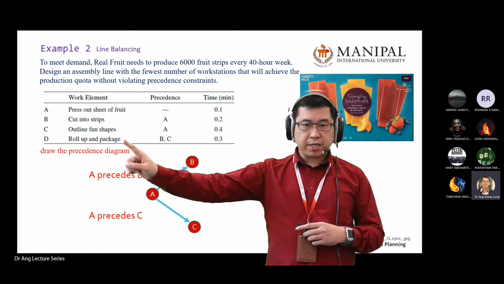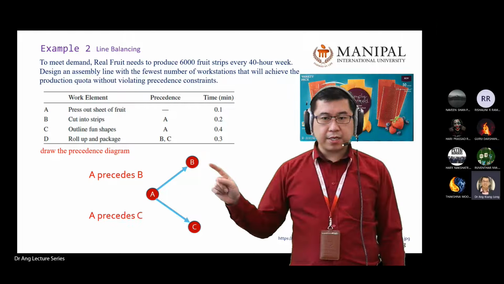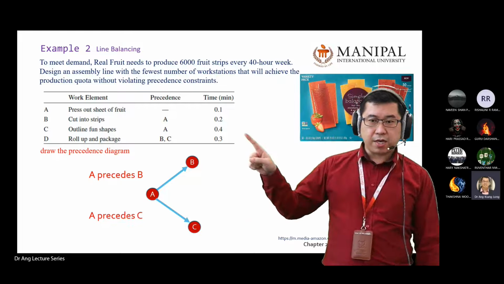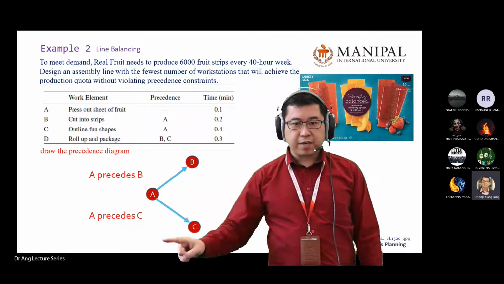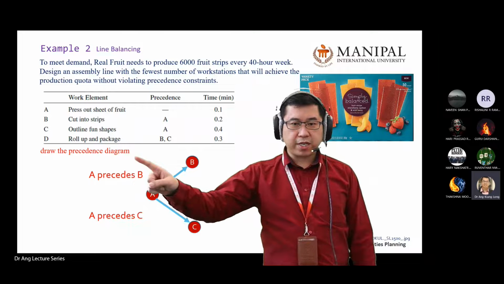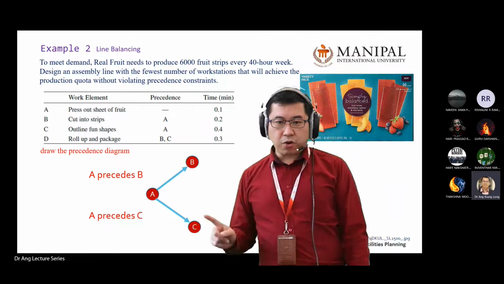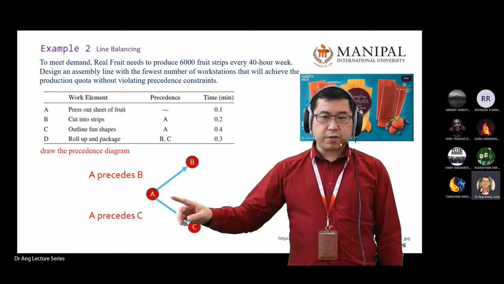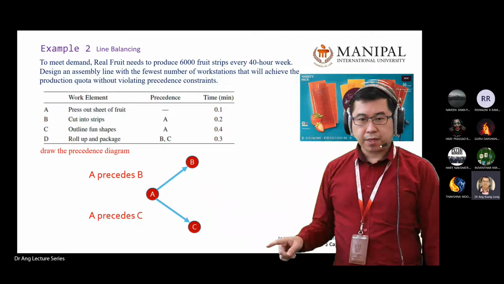Then you read D. D needs B and C. So D can be here, or here, or here, anywhere, but not here. Why? Because if you draw it here, you're going to have overlapping arrows. There's no overlapping of arrows in the precedent diagram. Your arrows must be clear and one way, with no crossing of arrows.